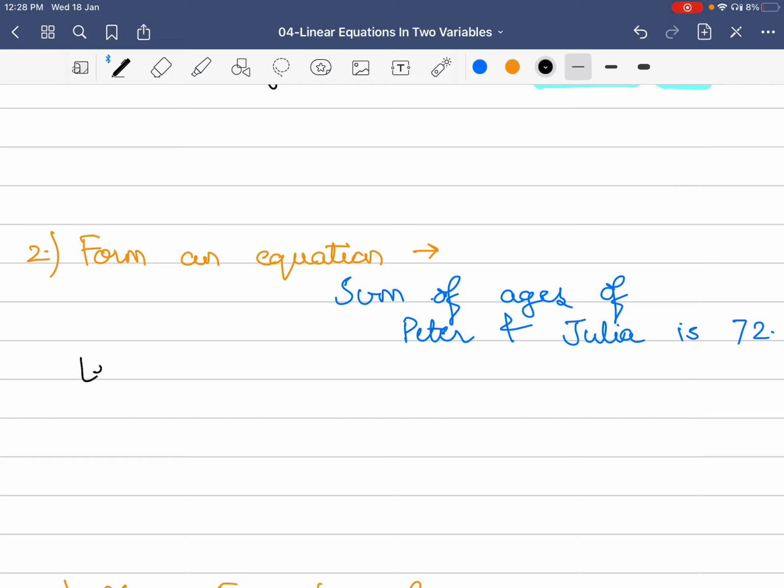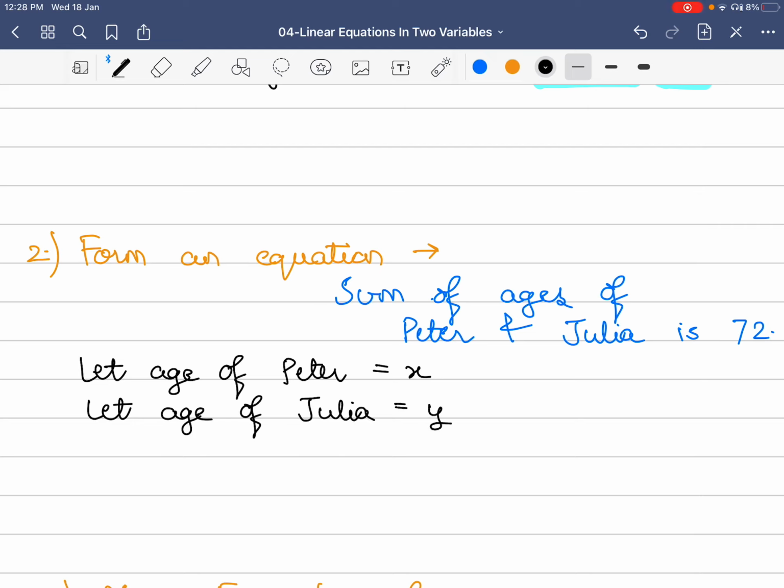So I'm going to say let age of Peter be equal to x. Then I'm going to say let age of Julia be equal to y. And sum of their ages, sum means addition, sum of their ages is equal to 72.